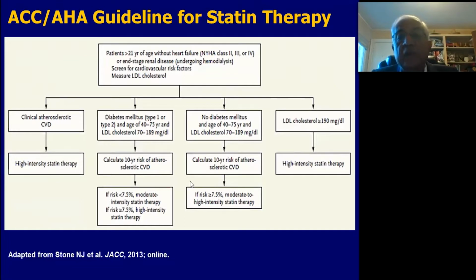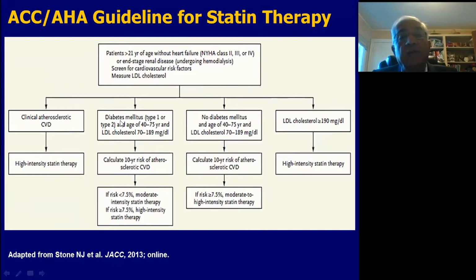So by using this calculator, which is a more accurate 10-year risk calculator, if the risk is more than 7.5% in 10 years, then you need to treat these people at least with moderately intensive statin therapy. And one can individualize treatment, and some of these may have to be treated with high dose as well.